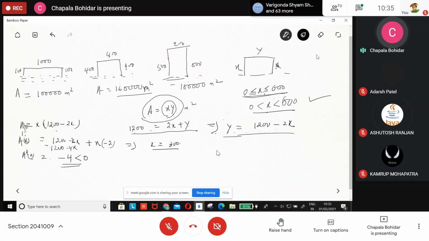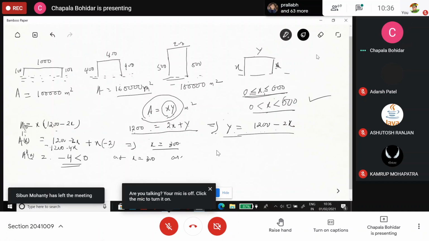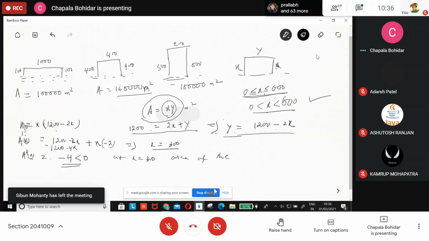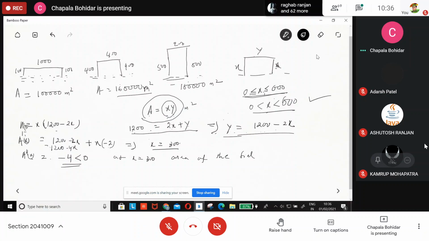So now the area at x is equal to 300, area of the field is maximum. Okay. So what is the value of y? 600.